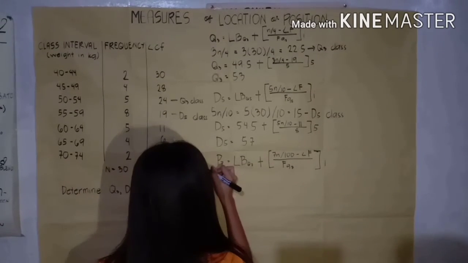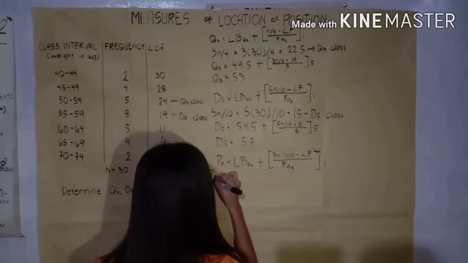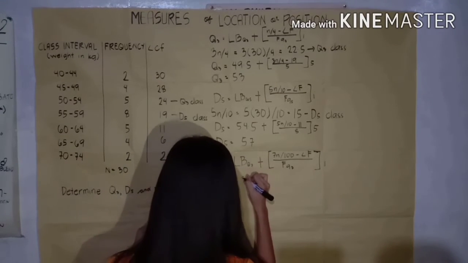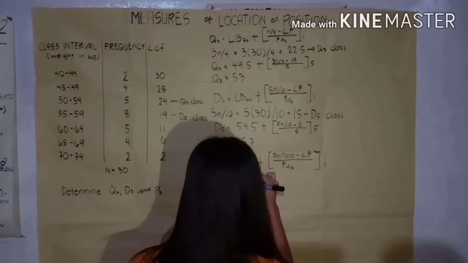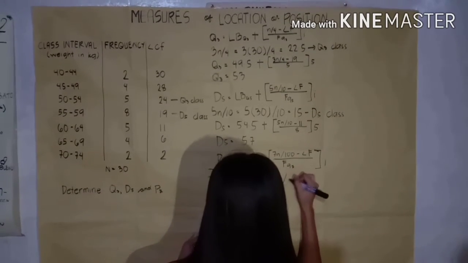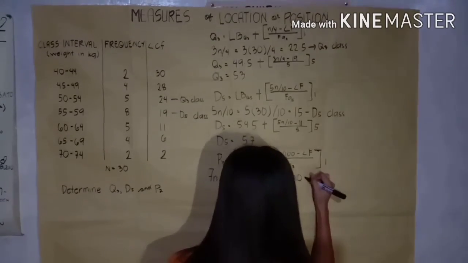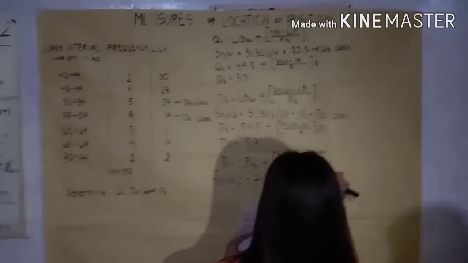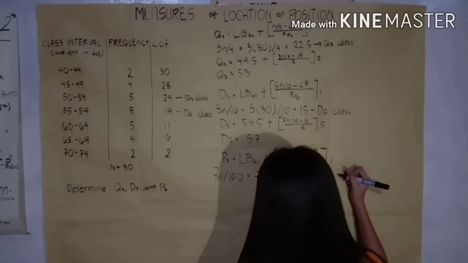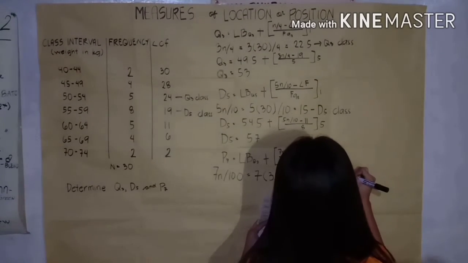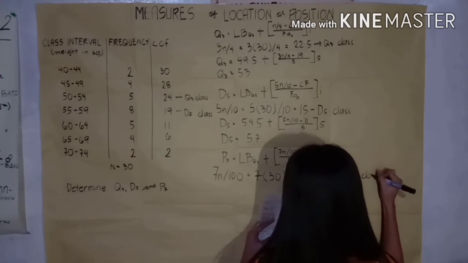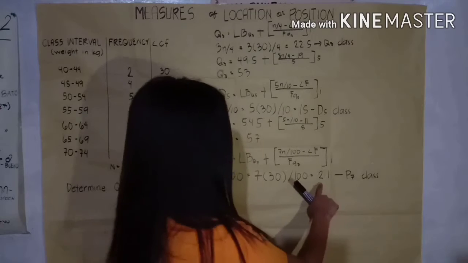So next we have 7n divided by 100 is equal to 7 times 30 divided by 100 is equal to 2.1. So our P7 class is 2.1.